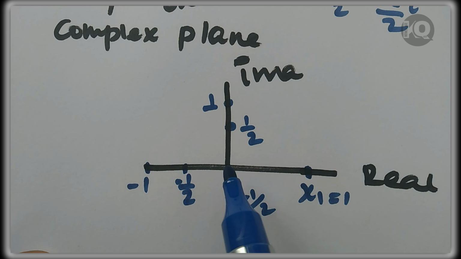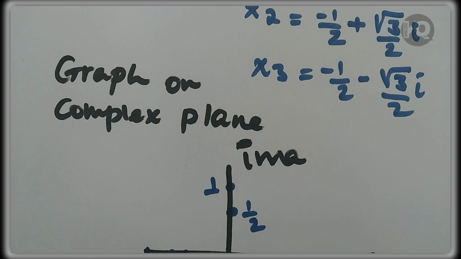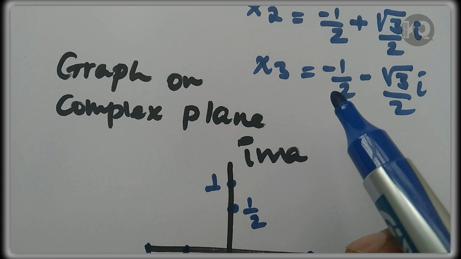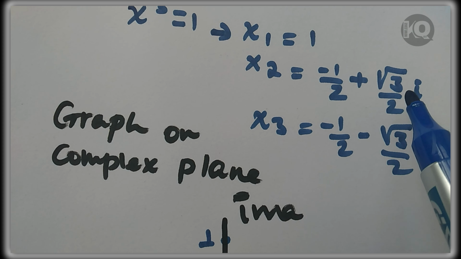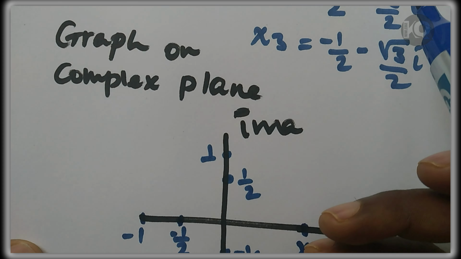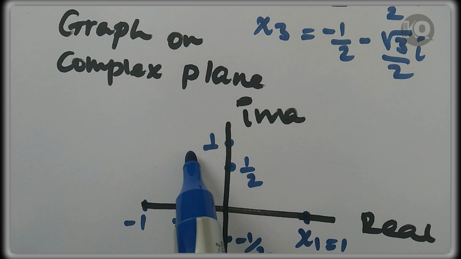So for x2, minus 1 over 2, and that's the imaginary part, root 3 over 2, almost 0.86. So it will be somewhere here.